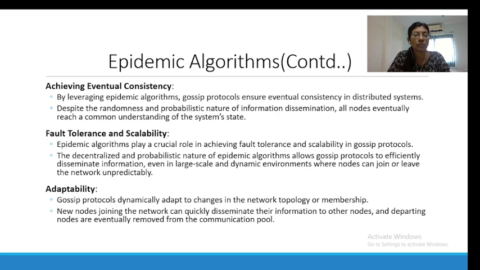The decentralized and probabilistic nature of epidemic algorithms allows gossip protocols to effectively disseminate information even in large scale and dynamic environments where nodes can join or leave the network unpredictably. Adaptability. Gossip protocols dynamically adapt to changes in the network topology or membership. New nodes joining the network can quickly disseminate their information to other nodes, and departing nodes are eventually removed from the communication pool.